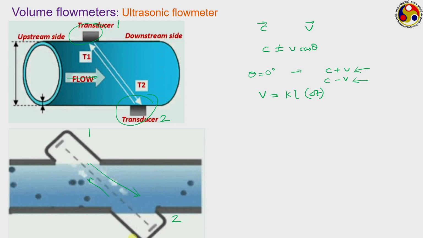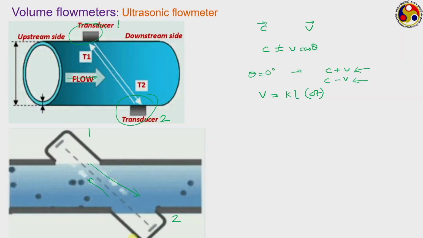Actually, ultrasonic flow meters can be of two types depending upon their working principle, or I should say ultrasound based flow measurement can be accomplished in two ways. The one that we are showing here is known as transit time flow meters, because here we are looking for the time difference required by these two waves to reach from one end to the other.